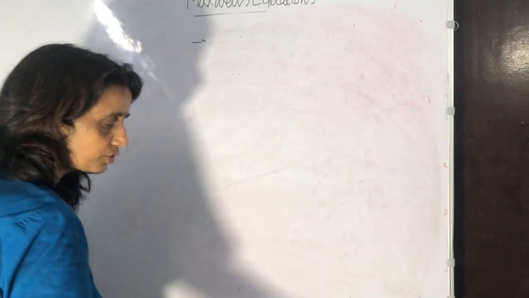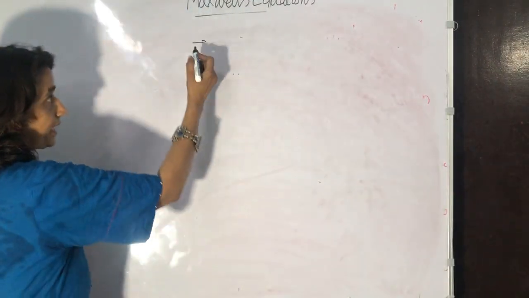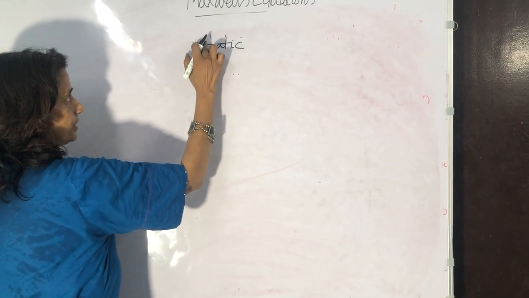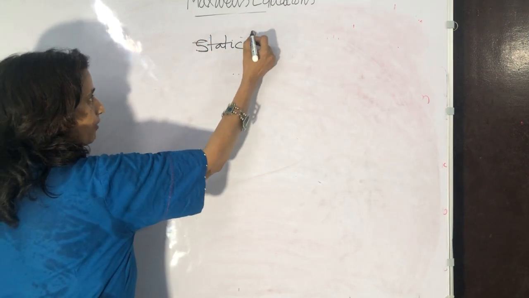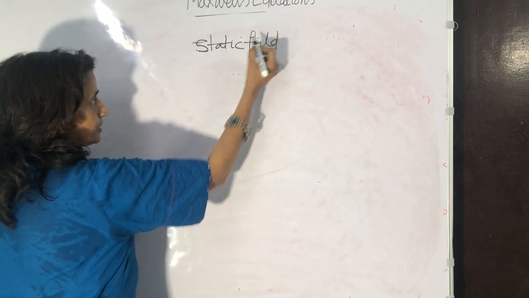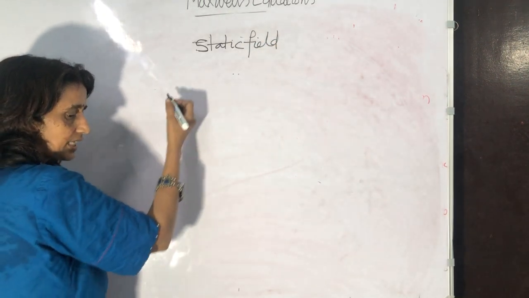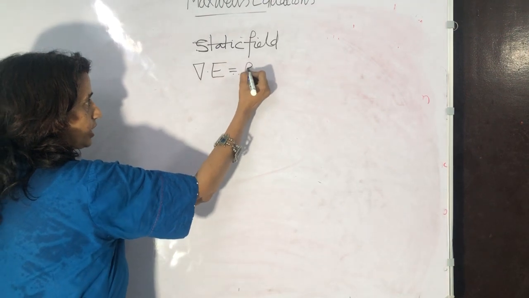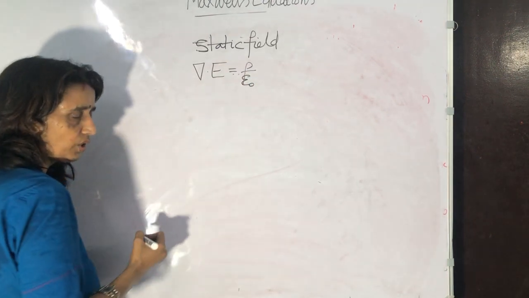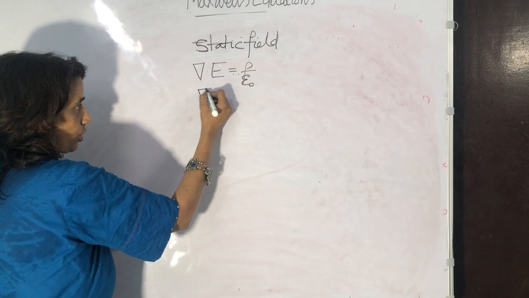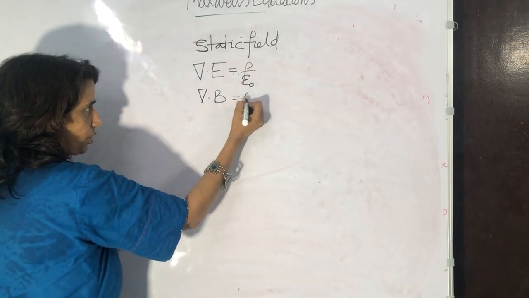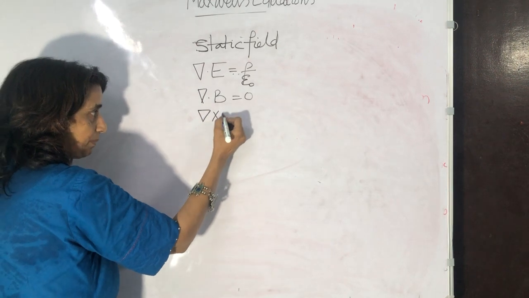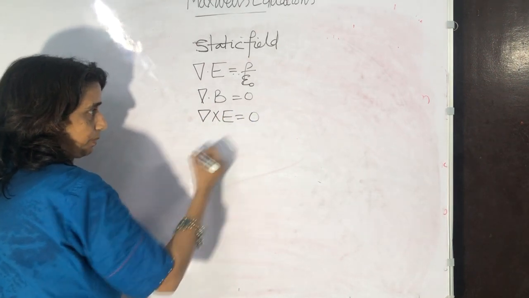So in a static field, Maxwell's equations will become del dot E equal to rho upon epsilon naught, del dot B equal to 0, and the third Maxwell's equation will be 0.